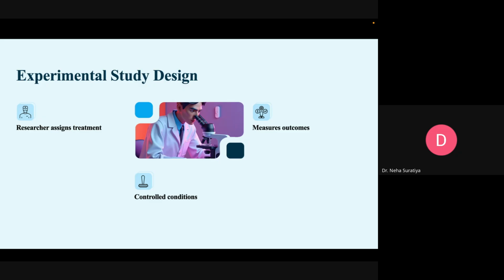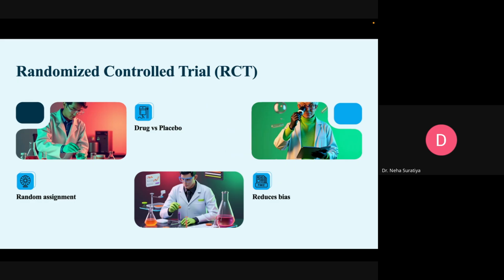So what comes under experimental trials, guys? What types of studies are there in the experimental or interventional type of studies? Very first is randomized controlled trials. I told you three approaches. Researcher is going to intervene, it will be in a controlled manner, right? And the measuring outcomes.